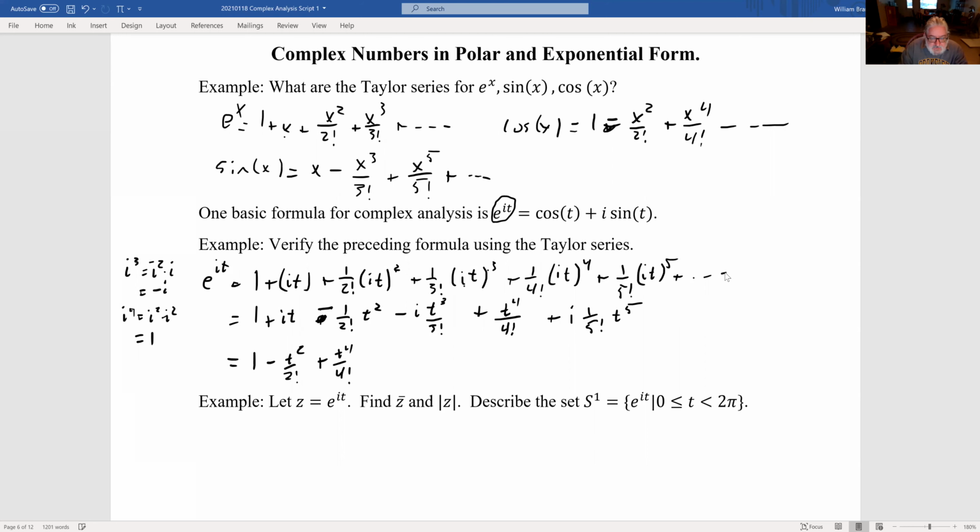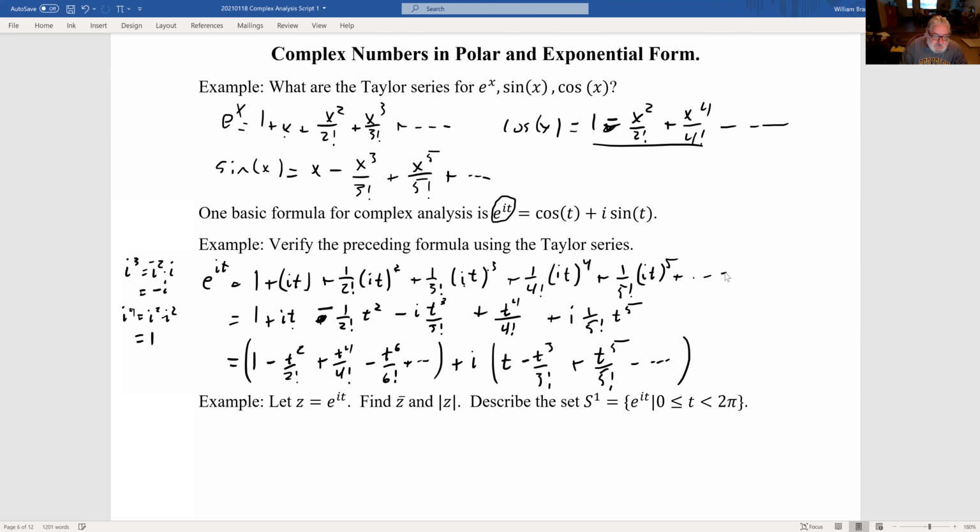You can guess that the next one would then be minus t to the 6th over 6 factorial plus dot, dot, dot, plus i times what? We have a t minus t cubed over 3 factorial plus t to the 5th over 5 factorial minus dot, dot, dot, right?